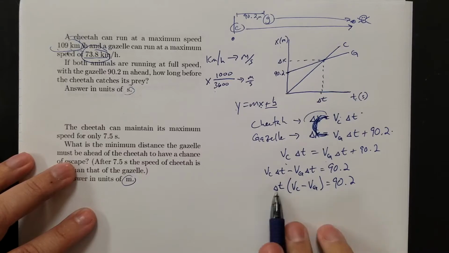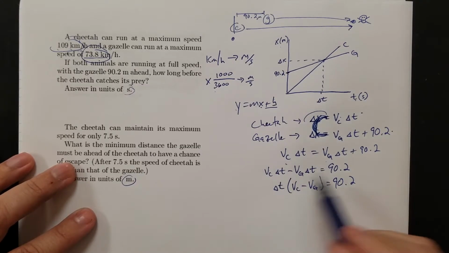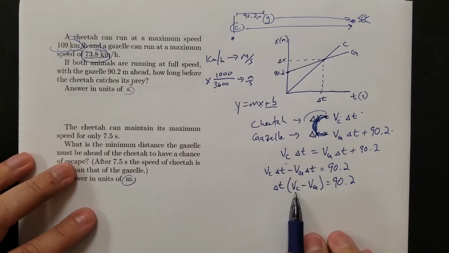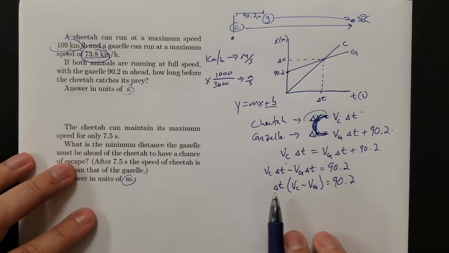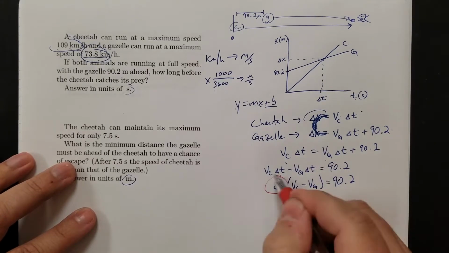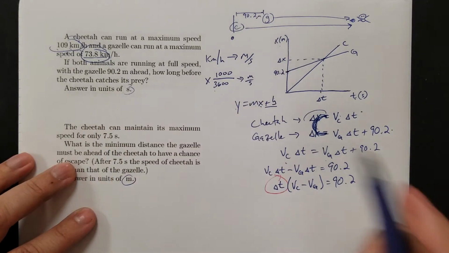If I distribute the delta t in, it would go back to the way it was, but now I only have one delta t. And from here, I'm going to leave you to do that algebra. You could plug in your cheetah velocity, your gazelle velocity, your intercept, and do the algebra to solve for delta t. And when you solve that, that's your answer for number 1.